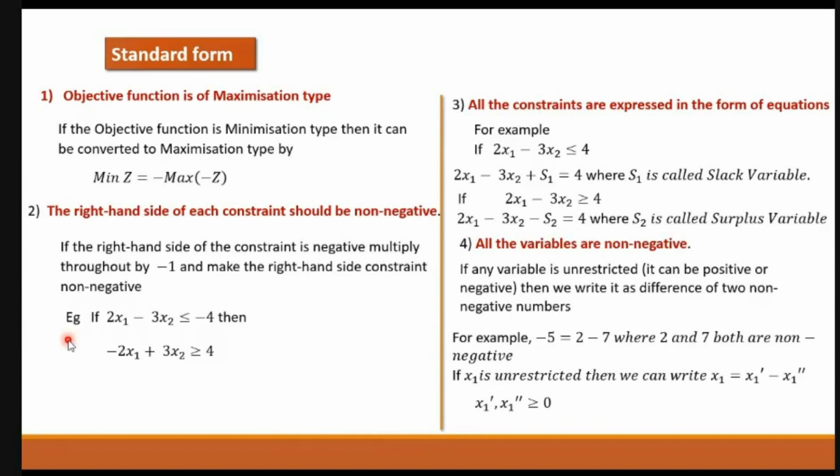So when I write 2 is less than 7, but -2 becomes greater than -7. है कि नहीं? The same concept. Whenever you multiply an inequality by minus sign, the inequality gets reversed. Clear?